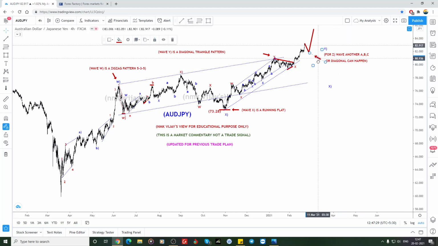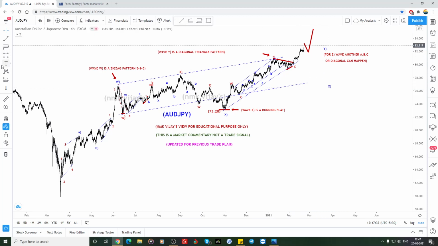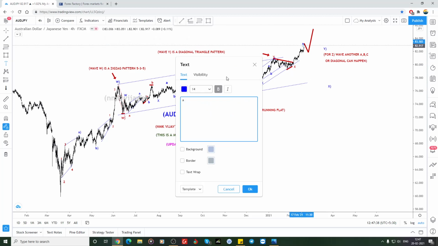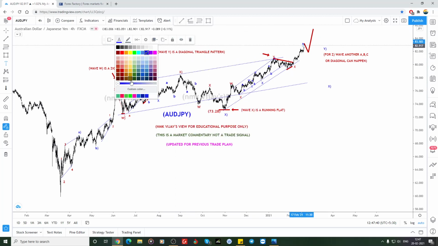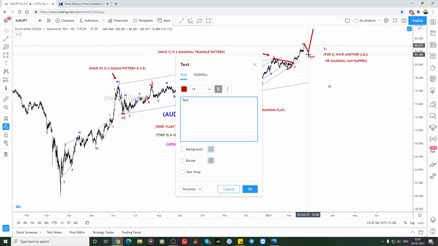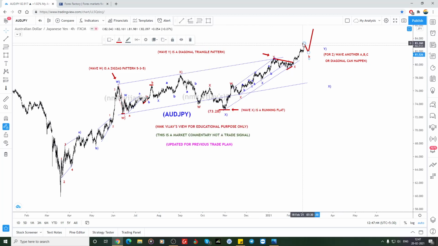So here it's WX, YX, and this is the B of red. So we are expecting that C wave.